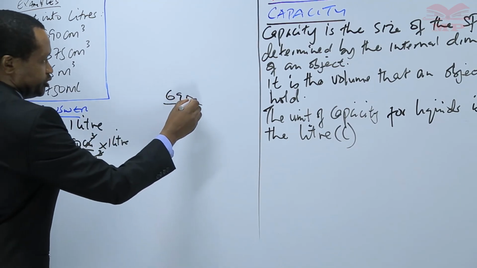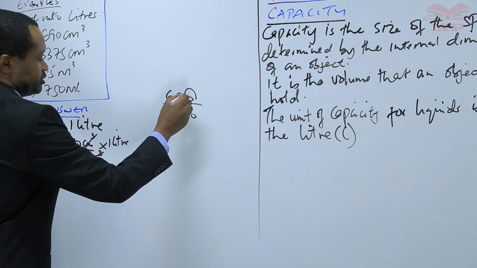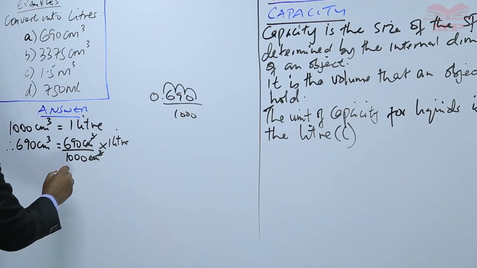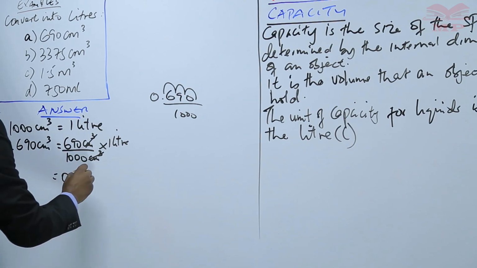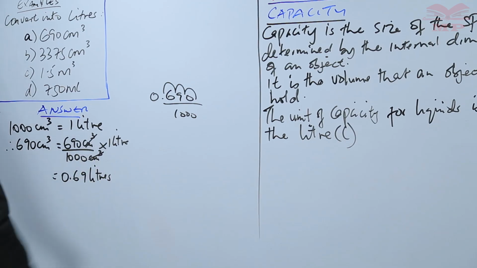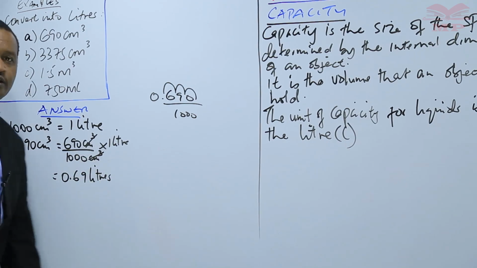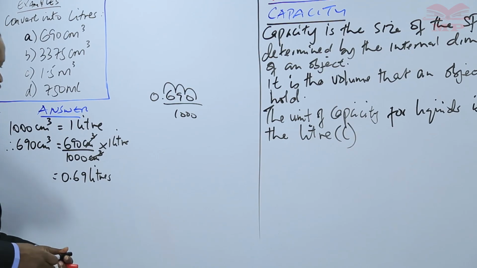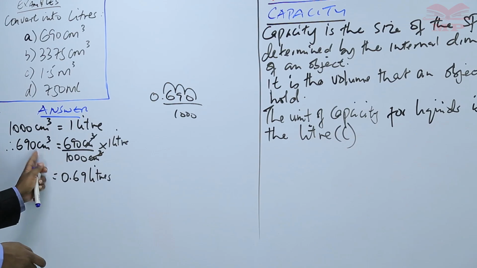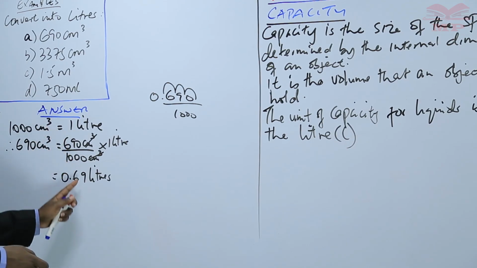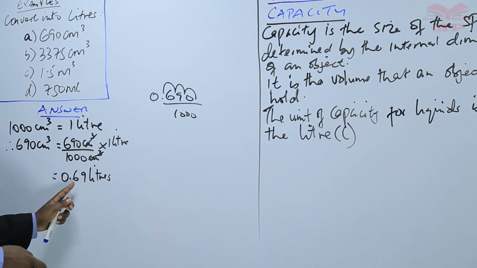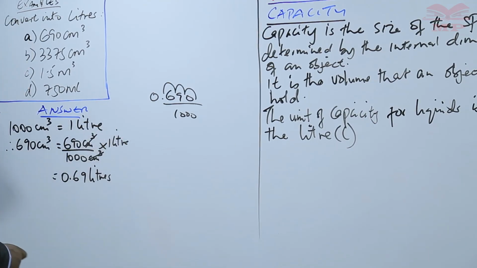So the decimal point is here, we take it 3 times to the left: 1, 2, 3. So it's 0.69 liters. In other words, learners, an object whose volume is 690 cubic centimeters can hold a liquid of 0.69 liters.